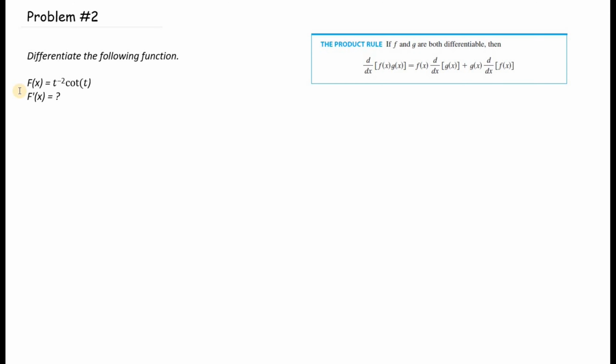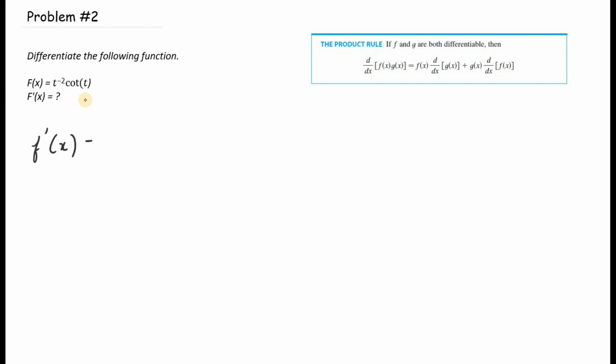So for the second problem, we have f of x is equal to t to the minus 2 times cotangent t. And taking the derivative of this equation, we get f prime of x is equal to the derivative of the first function times the second function.